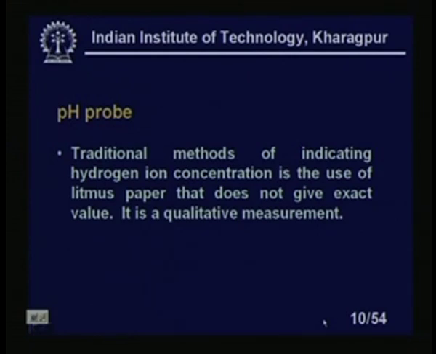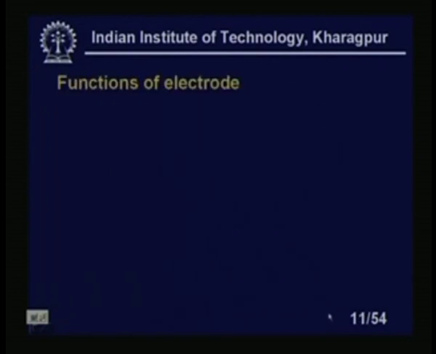Litmus paper has obviously been used over the decades, and it gives some indication whether the liquid is acidic or alkaline, but it does not give the exact value. So, we need quantitative measurements which will give you the exact value of the pH.